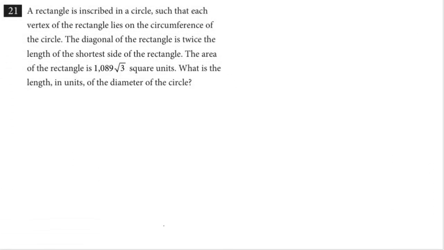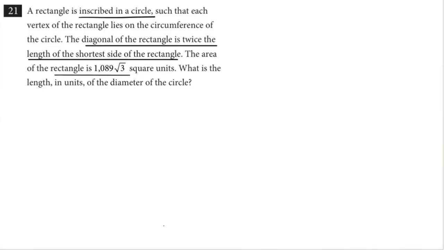Question 21. A rectangle is inscribed in a circle such that each vertex of the rectangle lies on the circumference of the circle. The diagonal of the rectangle is twice the length of the shortest side. The area of the rectangle is this many square units.